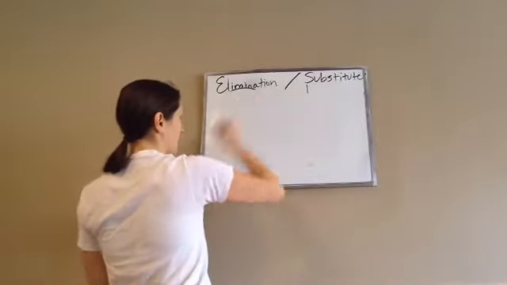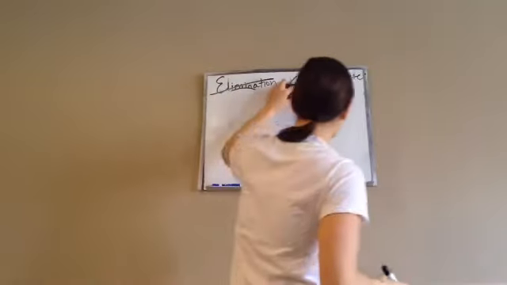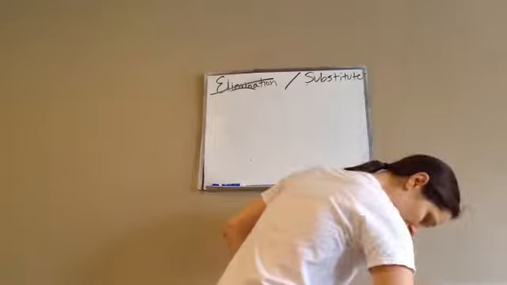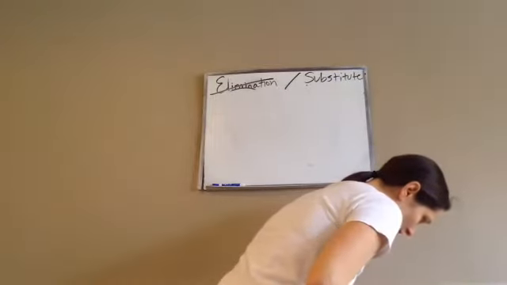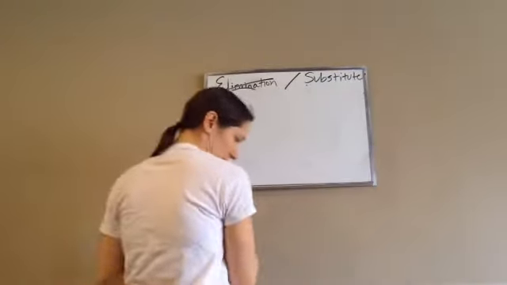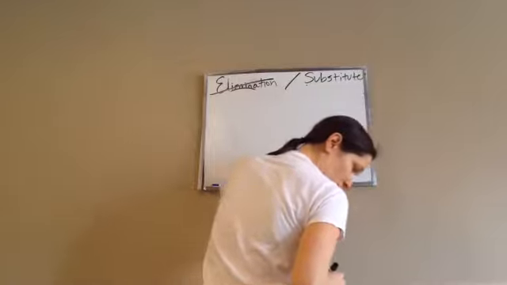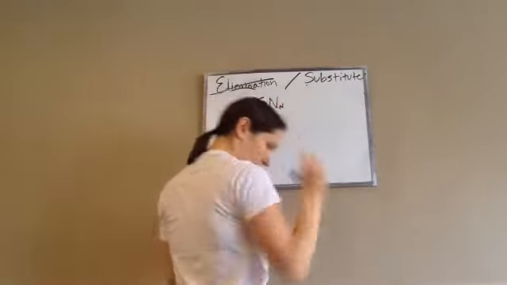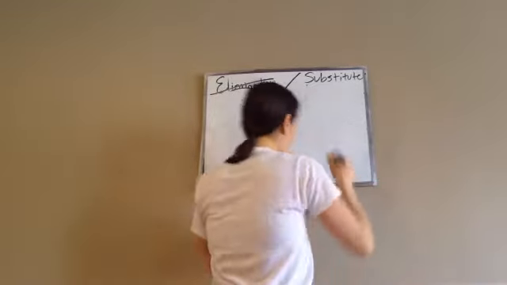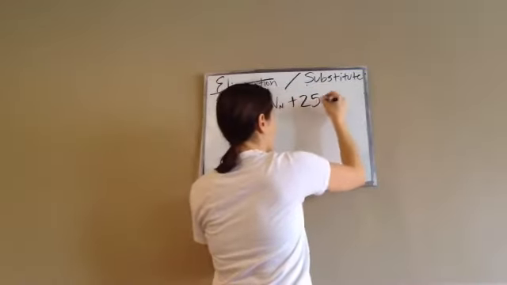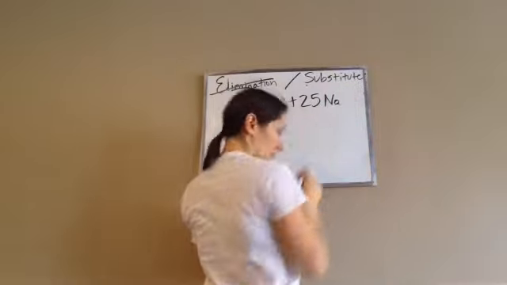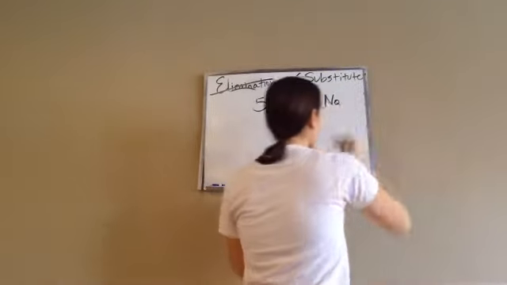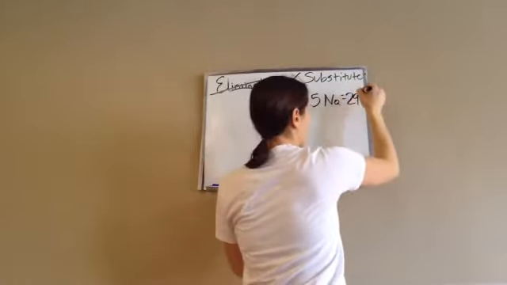Alright, so that's elimination. And now let's look at substitution. An example of substitution would be like this. It says use substitution to solve. And then it's got 5nN plus 25nQ equals 290.